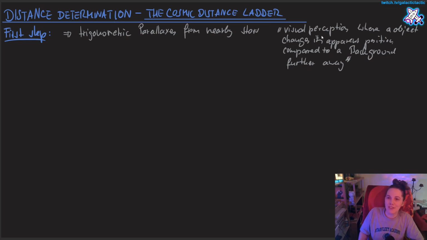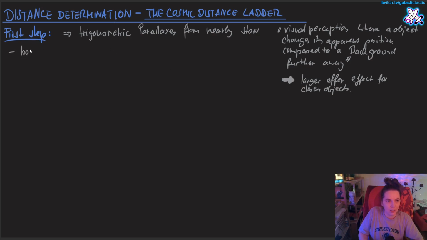So this visual perception effect is a stronger, larger effect for closer objects. We use the fact we were talking about earlier with Venus.